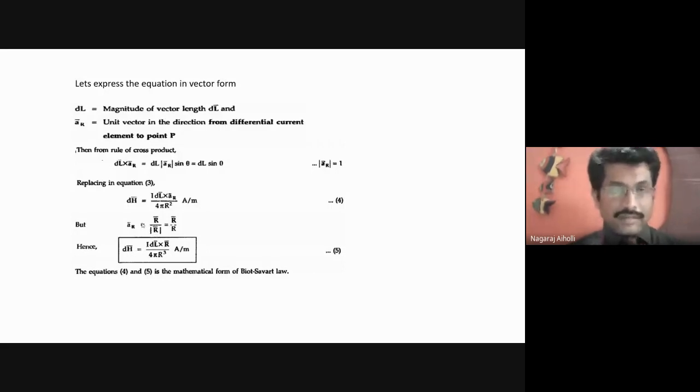So aR bar is given by the distance vector R bar divided by its magnitude. This is the distance vector R bar from the differential element to the point P. So this distance vector divided by its magnitude gives the value of the unit vector. Hence dH bar is given by, now substitute instead of aR bar in equation 4, R bar divided by the magnitude of R bar, vector divided by the magnitude.